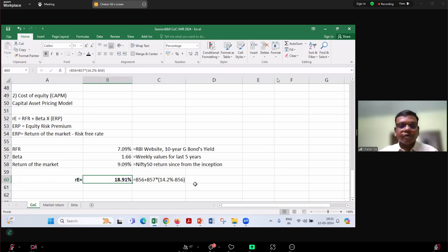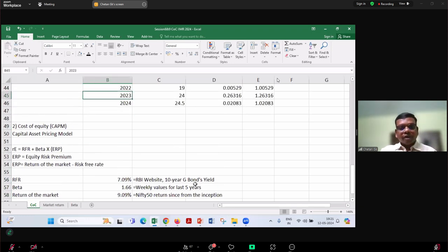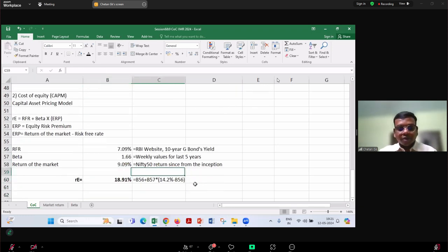So return on equity is 18.91. I'm getting it. If I take 14.2 as my Nifty return, since from inception.